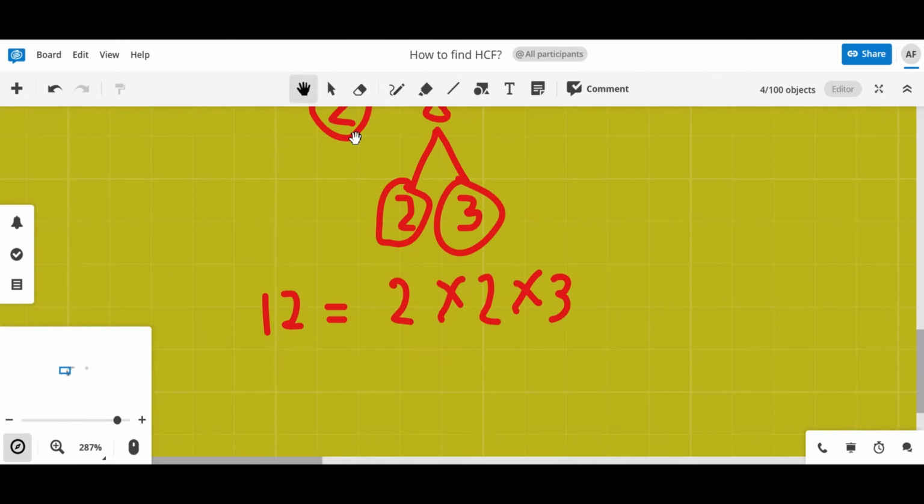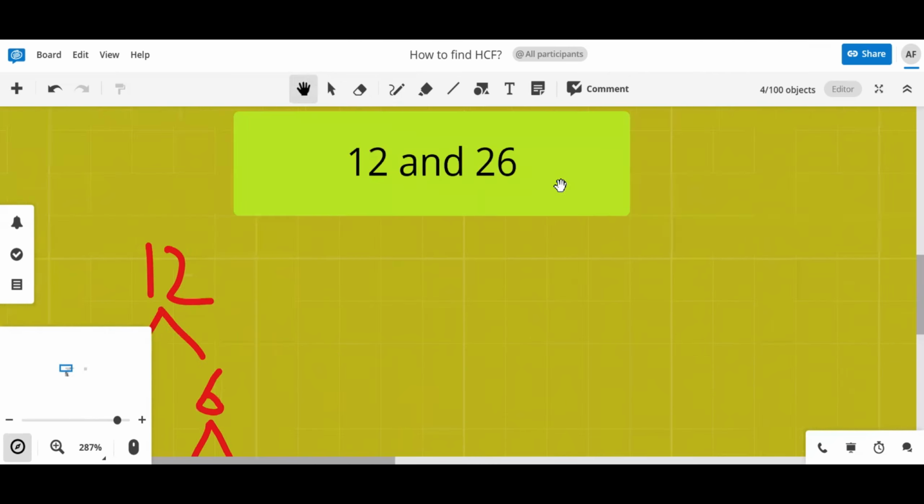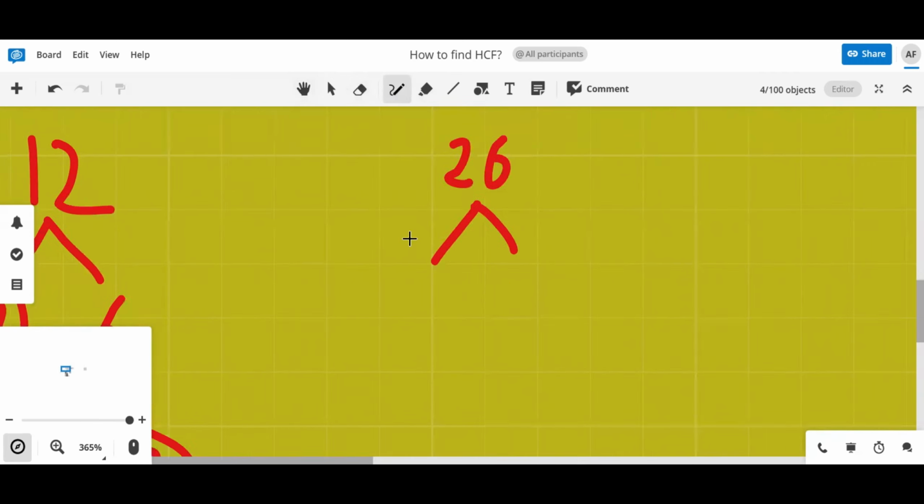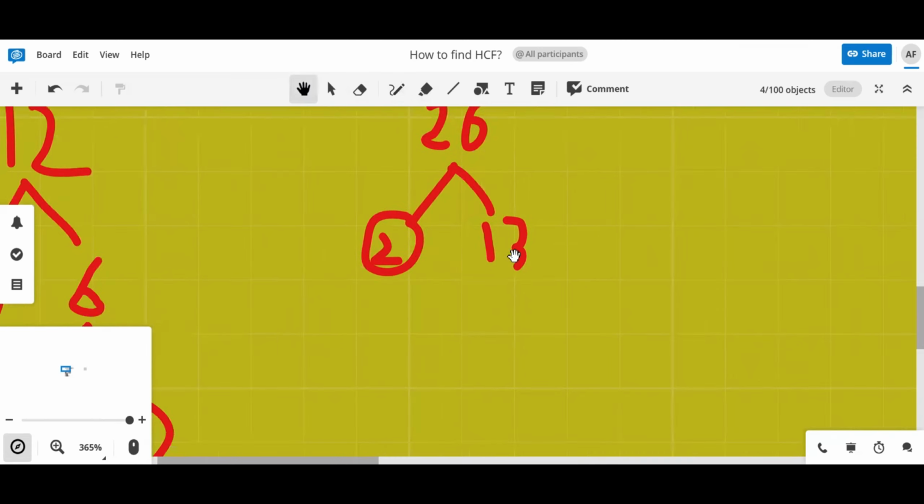Let me find the factors of another number, which is 26. Which number can we use? If we use 2 times 13, 2 times 13 gives us 26. So 2 is a prime factor, as I already described, and the next is 13, because we know that 13 cannot divide further.